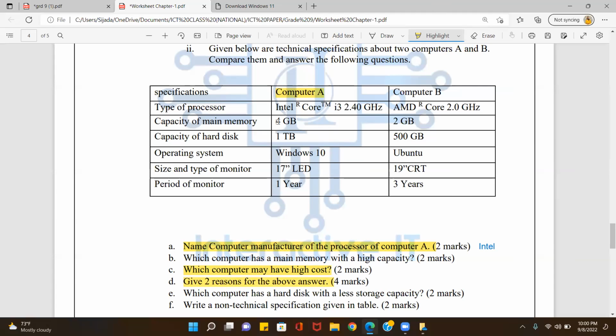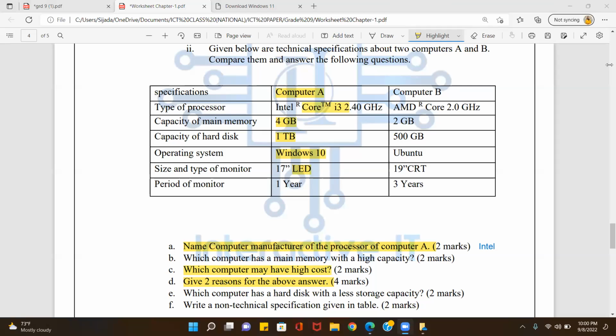Because it has 4 GB of main memory, 1 TB of hard disk, and it is using a licensed operating system. Its monitor screen is an LED monitor screen, and it is also using a quad core processor. That is why this computer is going to be expensive.